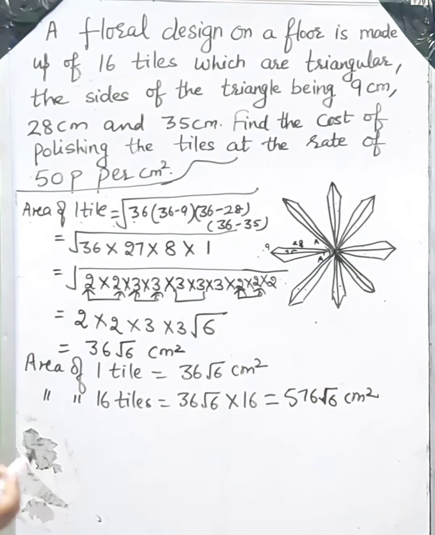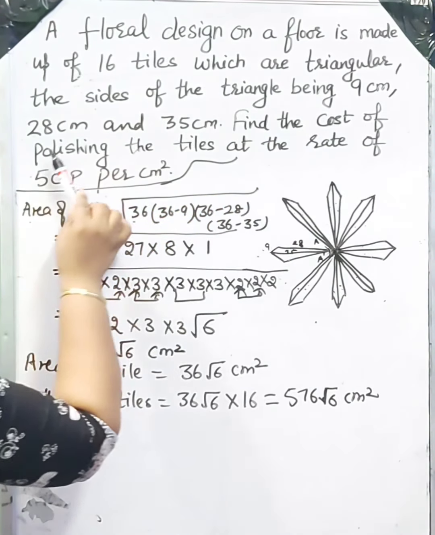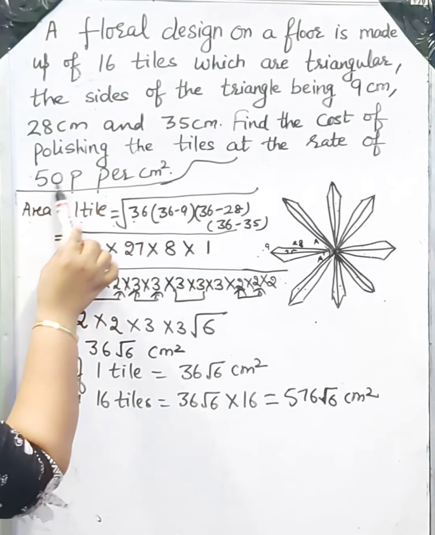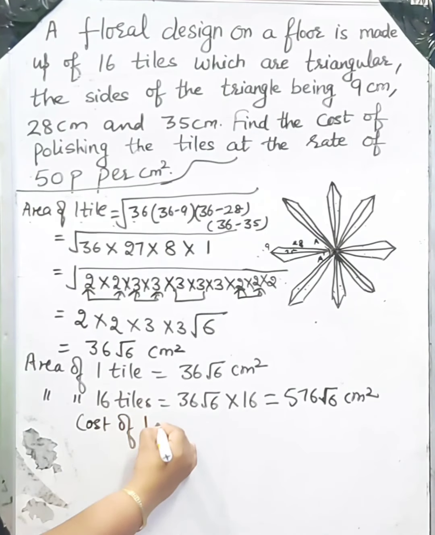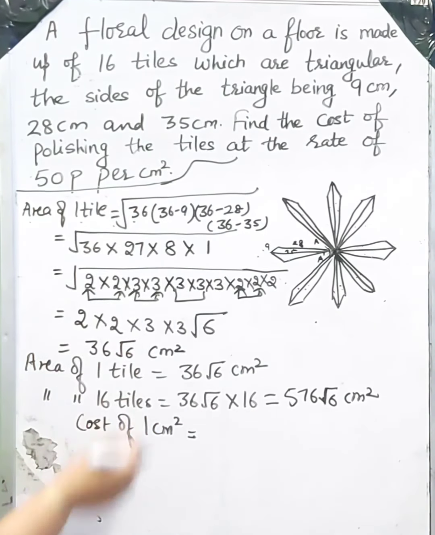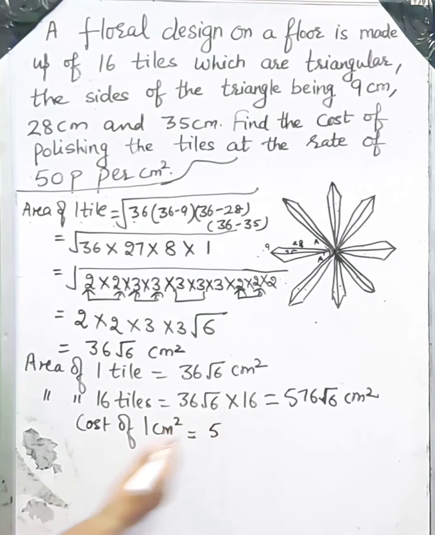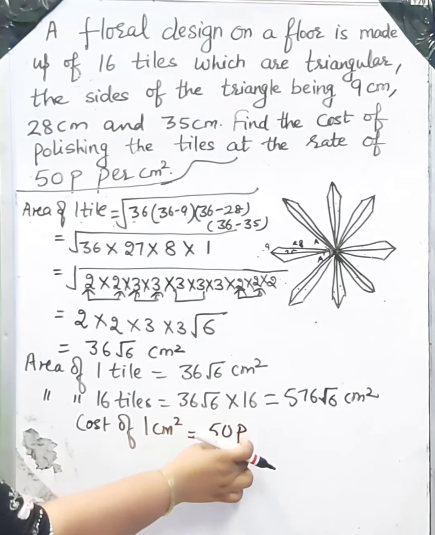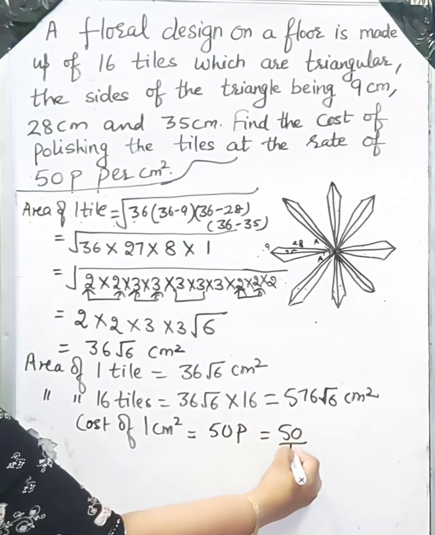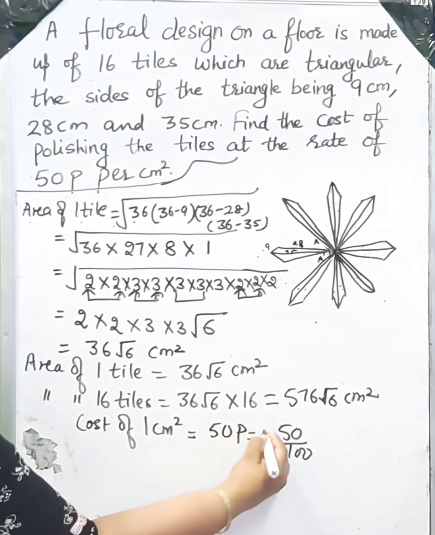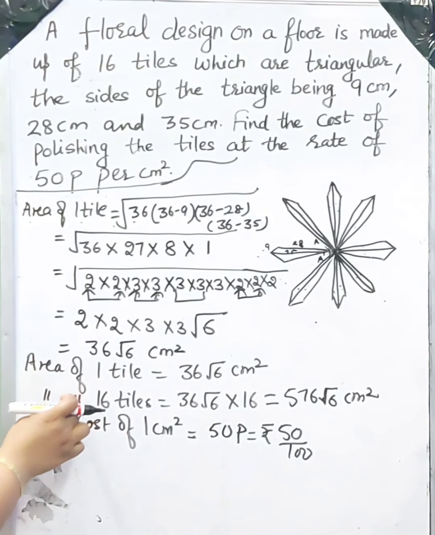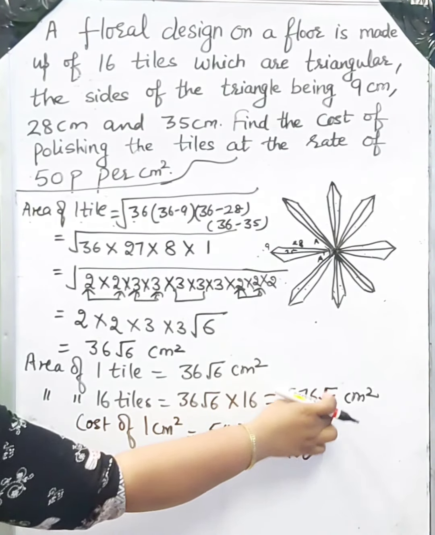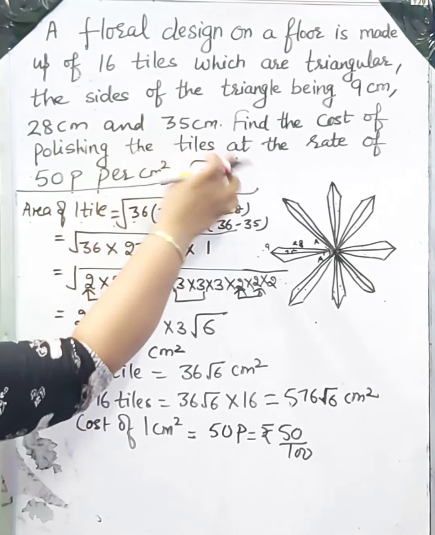Now next step, find the cost of polishing the tiles at the rate of 50 paise per centimeter square. Cost of 1 centimeter square for polishing the tiles is given. Cost of 1 centimeter square equal to 50 paise. Now convert paise into rupees: 50 by 100 rupees. We have to find the cost of polishing the 16 tiles.